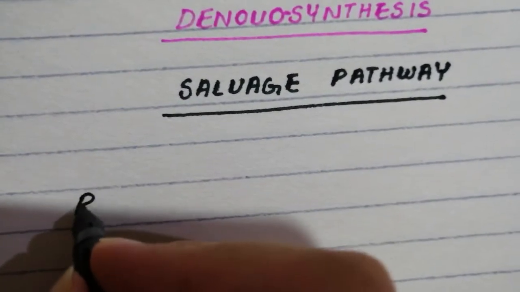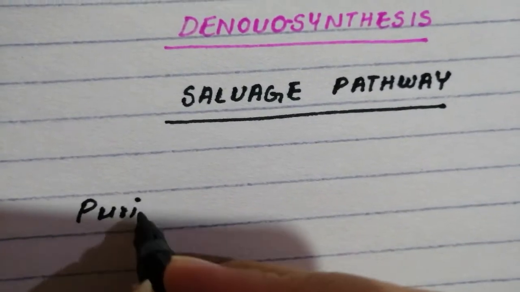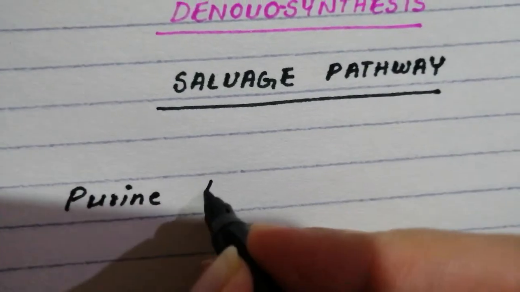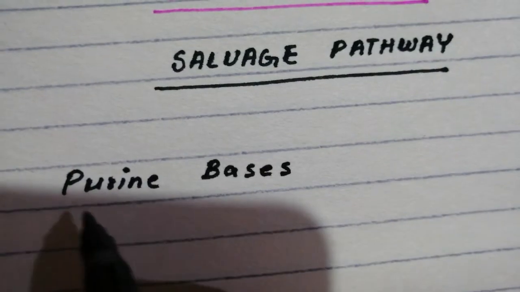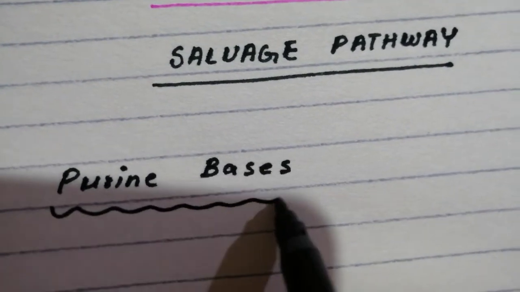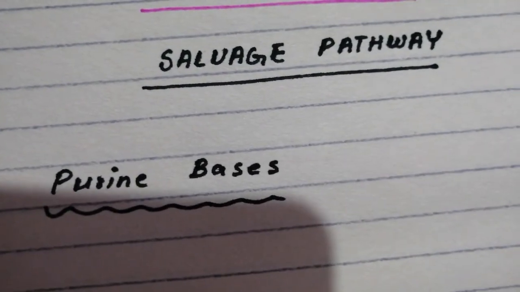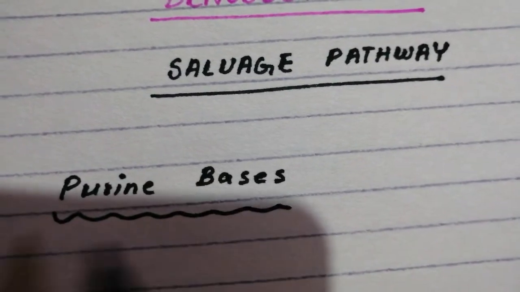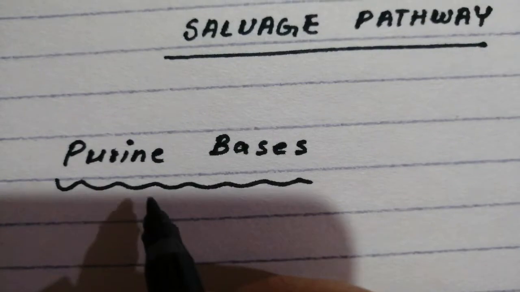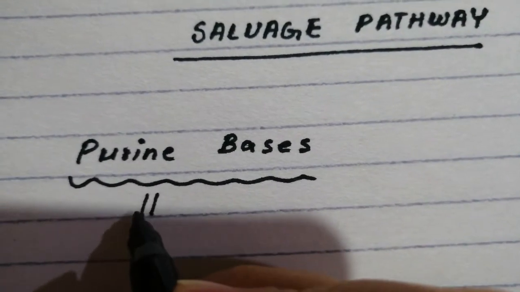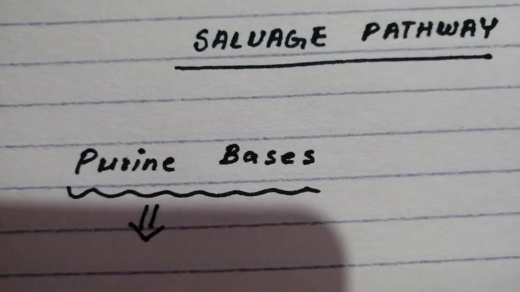When we talk about the word purine, let's start with the term purine bases. The nitrogenous bases found in the human body can be divided into the purines and the pyrimidines. What do you understand about purine and what do you understand about pyrimidines? So purines are the bases that have two rings, whereas the pyrimidines are the ones that have one ring.